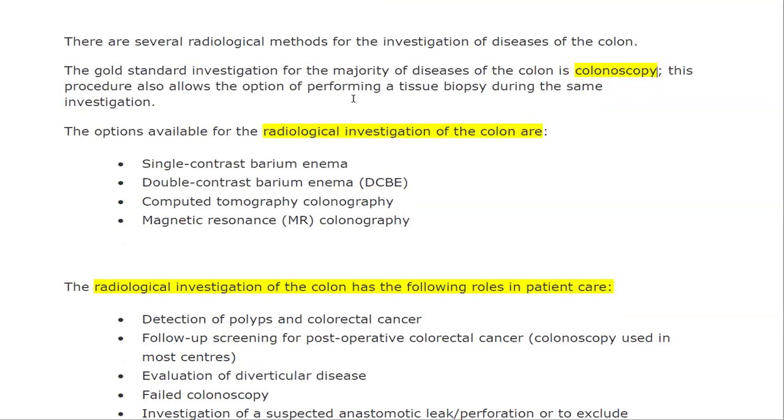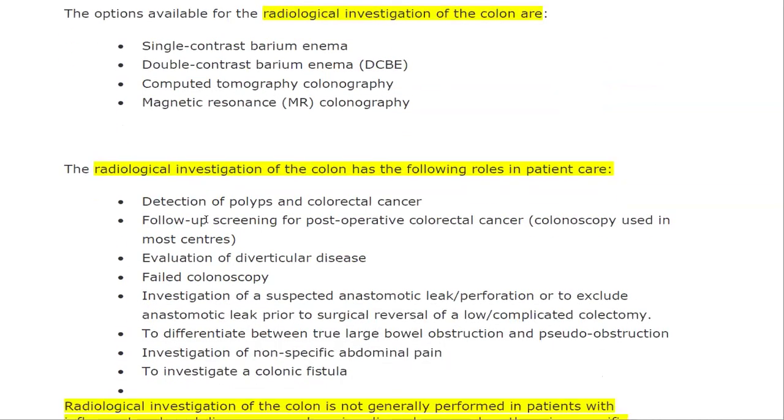But the problem is when the patient is not suitable for colonoscopy, the question will start asking you what will you use? Single contrast barium enema, or double contrast barium enema, or CT colonography, or MRI colonography. So it depends on the clinical scenario itself.